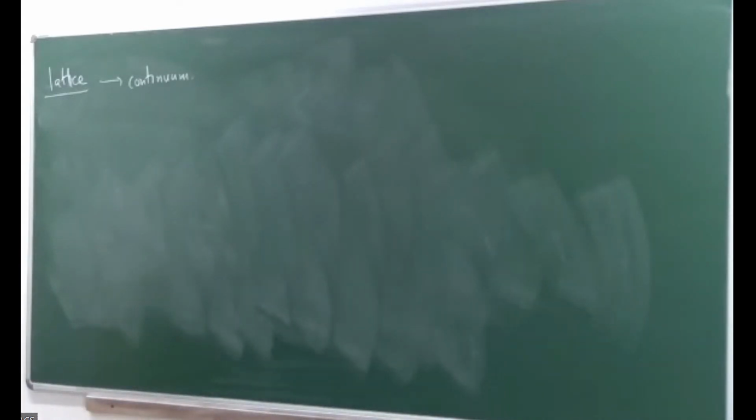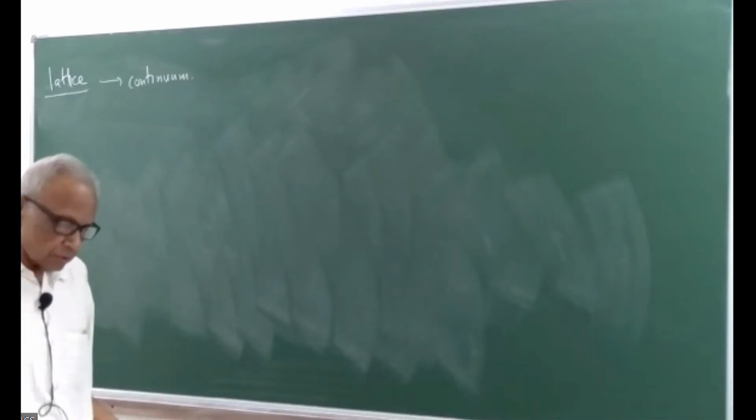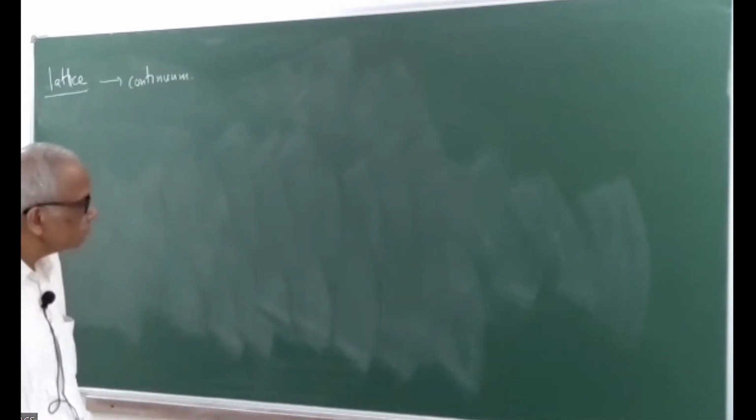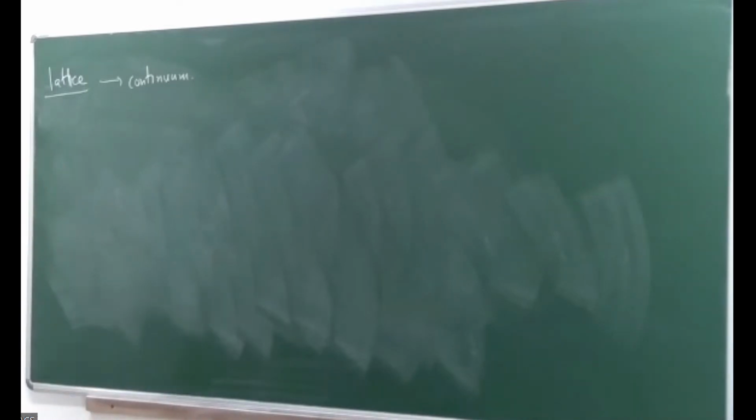So I want to move from a lattice to a continuous description. That is the next step. But now, how do I do it?